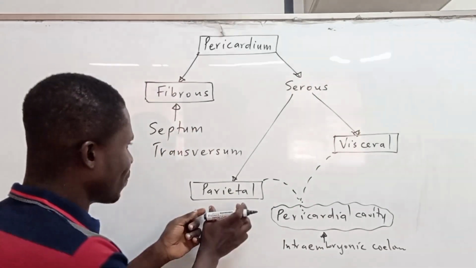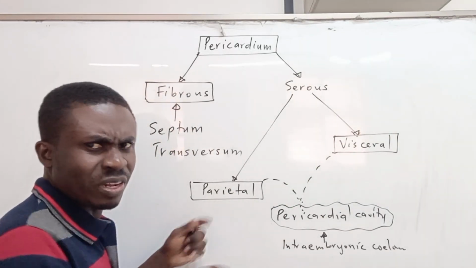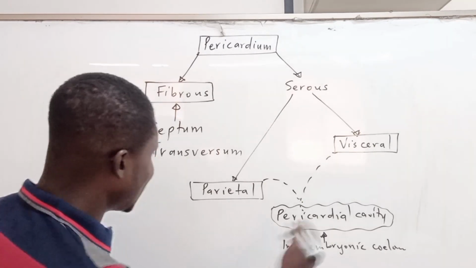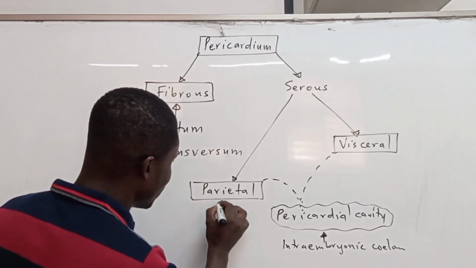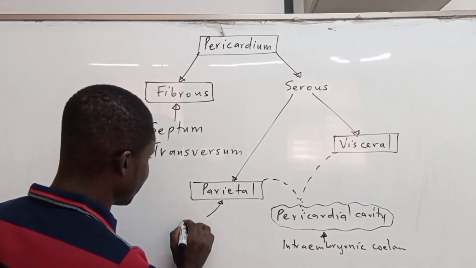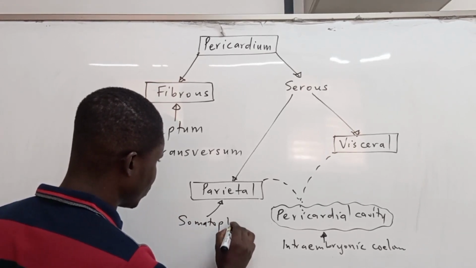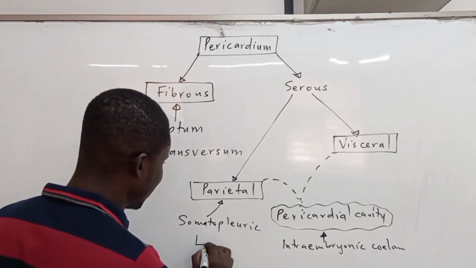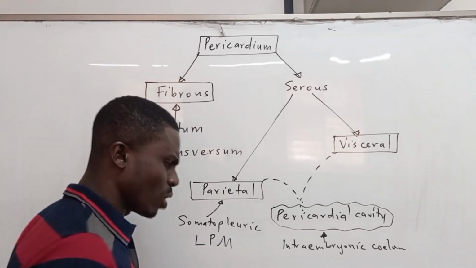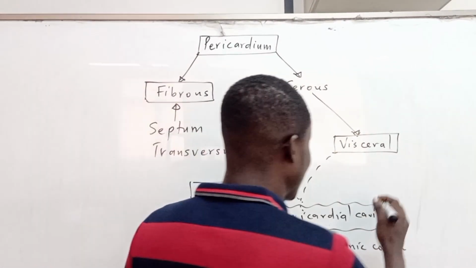And so this parietal component has to do with the body wall, and that is why it will be arising from the somatopleural lateral plate mesoderm. And whenever we talk about lateral plate mesoderm, you know what we are talking about.